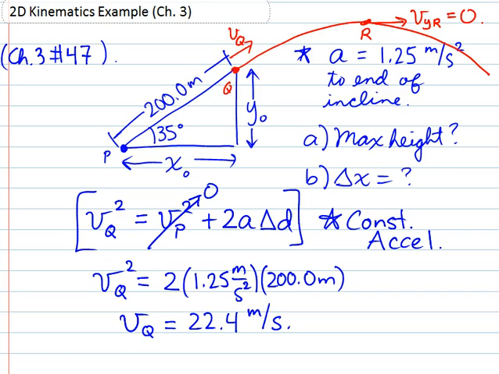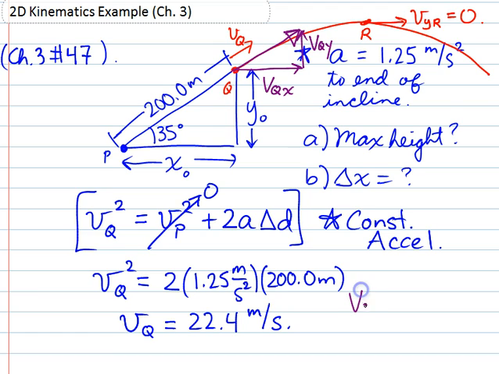Now, here's where the projectiles come in. We have a velocity, VQ, which is at an angle of 35 degrees, because that's what the ramp is, and so we must decompose that into VQX and VQY.